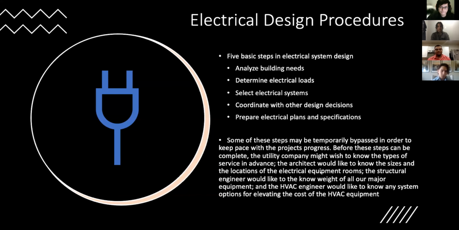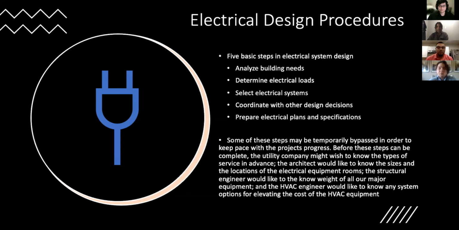Hello, my name is Austin Worthy, and I will be talking about electrical design procedures, analyzing building needs, and determination of electrical loads. So there are 5 basic steps in electrical system design. First, we're going to talk about analyzing your building needs. You need to know what type of material, the type of manpower, the type of equipment.